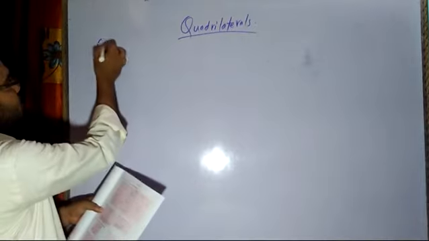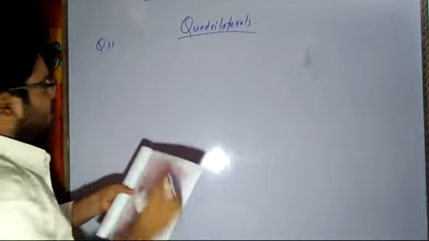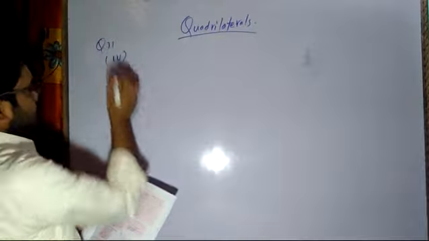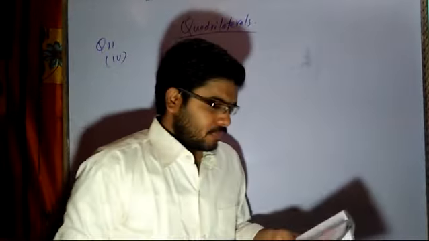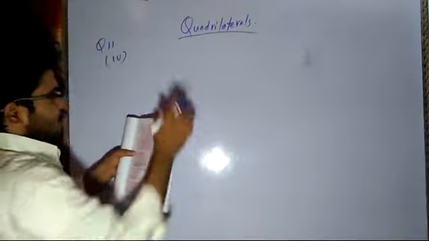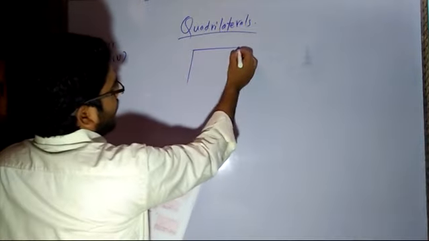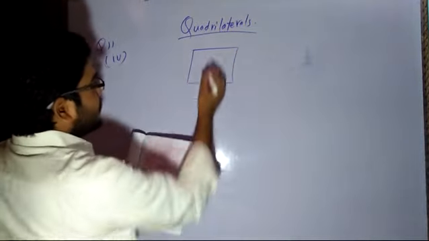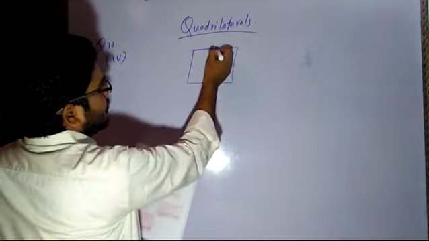They have asked question number 11, subpart 4, on quadrilaterals. In this, a figure is given. I hope all of you can identify which type of figure it is. This side is parallel.